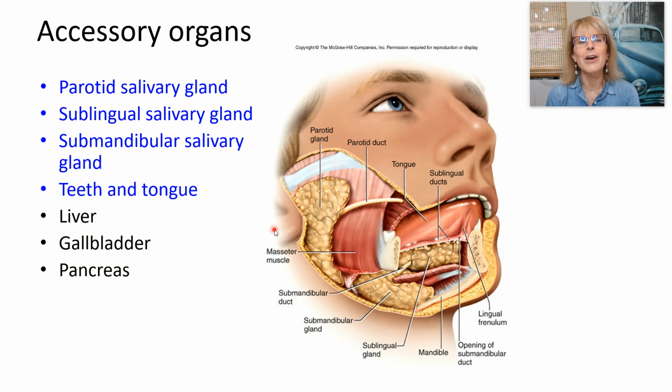What else do we need to know about the accessory organs? We need to know all of these salivary glands. The salivary gland you already learned, I think it was the very first day of lab, is this one called the parotid salivary gland. And it sits between your skin and the muscles of your jaw here.